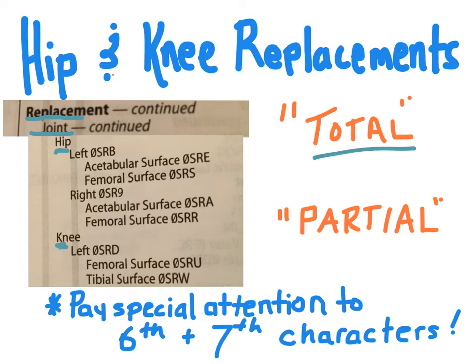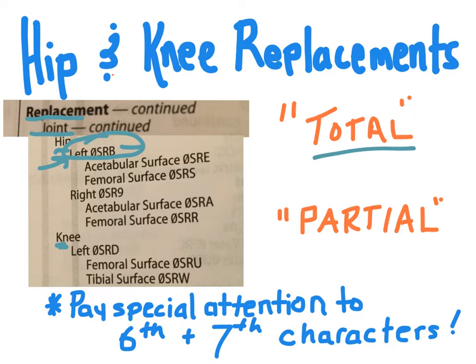So notice here, for example, let's do a left total hip replacement, and this will lead us to table 0SRB. This is going to be our total table, 0SR with the fourth character of B.